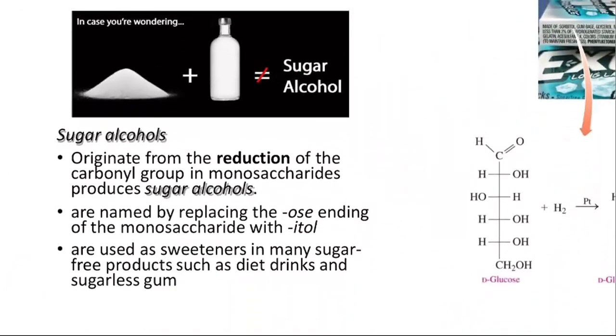So how do we form sugar alcohols specifically? Via a reduction reaction. Previously, we learned about oxidations and reductions in organic chemistry, and I'm illustrating here the reaction for a reduction.